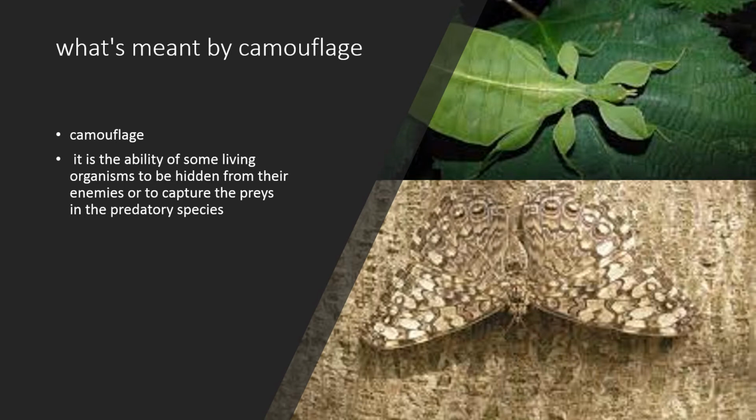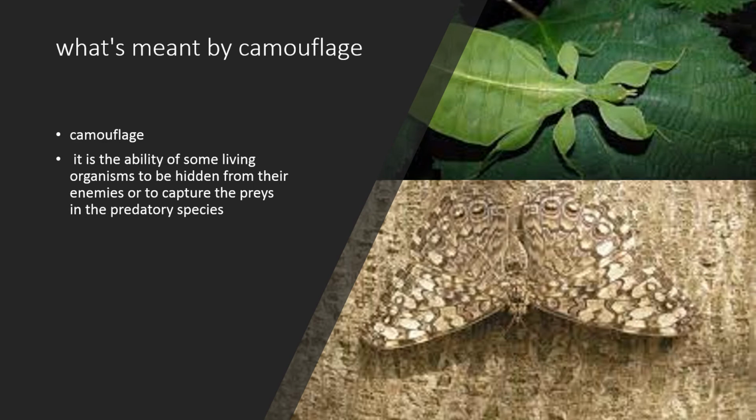Now, what is meant by camouflage? Camouflage is the ability of some living organisms to be hidden from their enemies or to capture prey in predatory species. Camouflage دي طريقة عشان بيستخبى بيها الانيمالز عندنا. For example, like this butterfly.